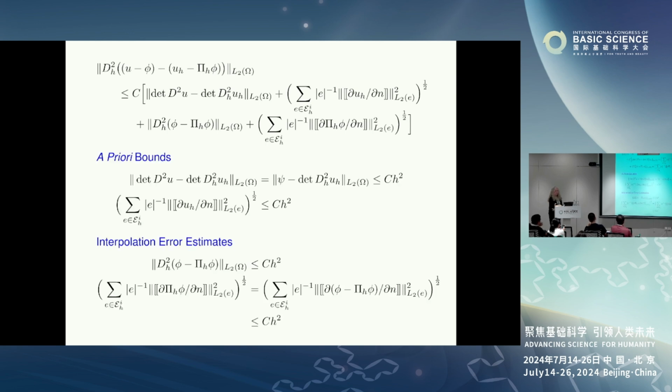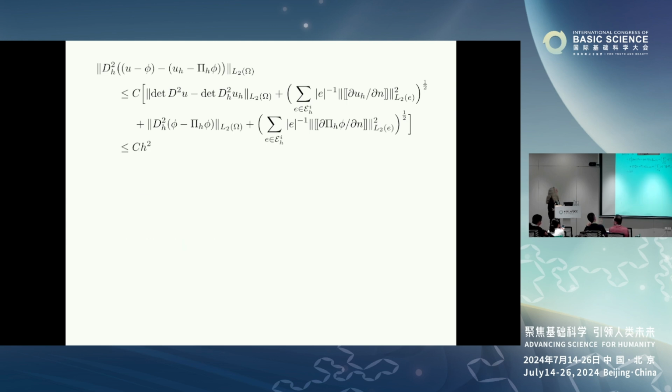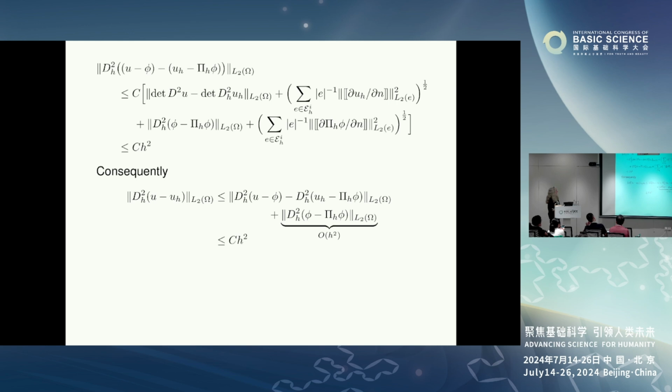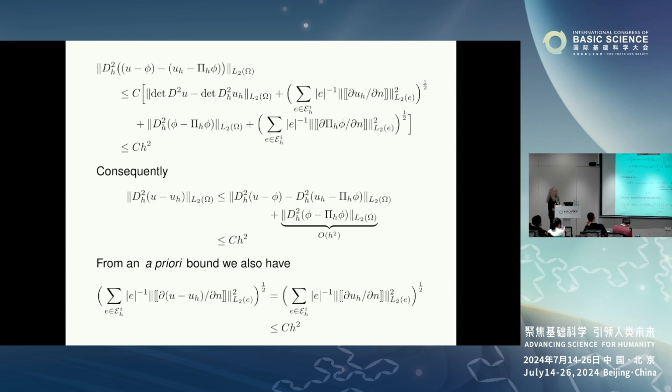We can use a priori bounds and interpolation error estimates to show that all four of these terms are bounded by h squared. So we end up with this estimate. And consequently, we have this estimate. And from an a priori bound, we also have this result.